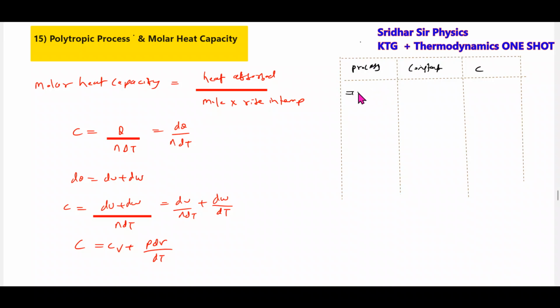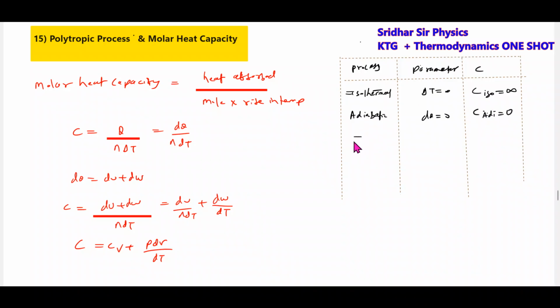Then isothermal process: temperature will be constant, so dT will be 0. Then molar capacity will be infinity here. Next, adiabatic process: heat exchange itself will be 0, dQ is 0, no heat exchange. So molar capacity for adiabatic process will be 0.